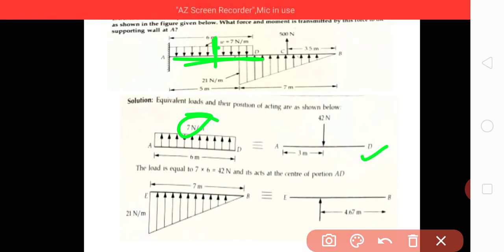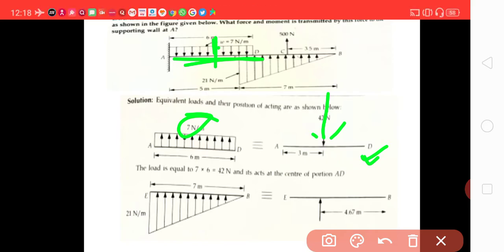This is our 42 Newton, virtually acting at the center of gravity, which is 3 meter apart from A.